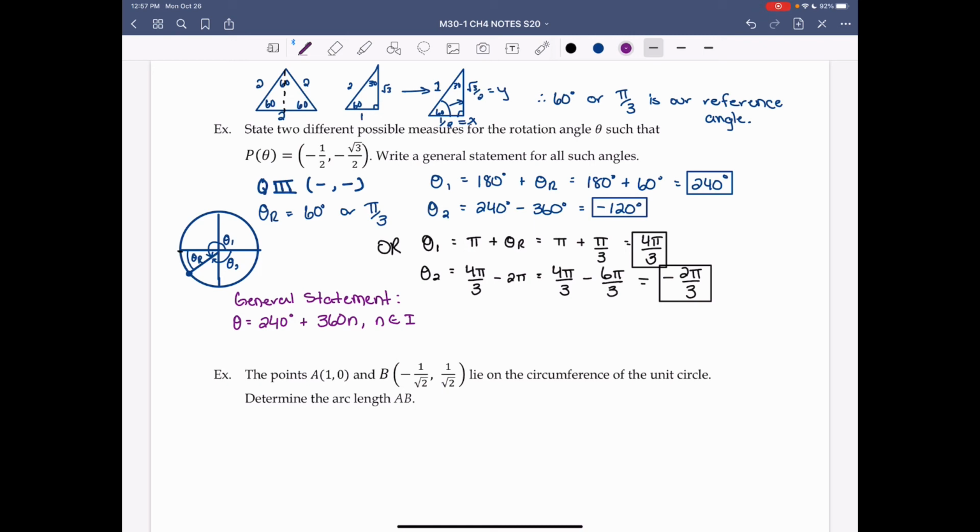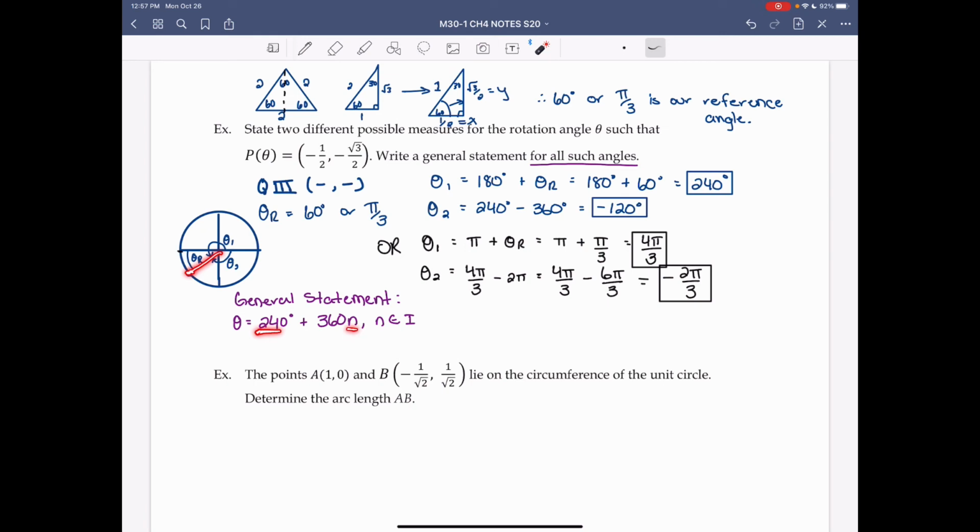However, writing the general statement for all such angles is different than coterminal. This means if I plug in an n value here, that's an integer, so positive whole number, negative whole number, or 0, then I will get all angles that have a terminal arm in this location, including 240.